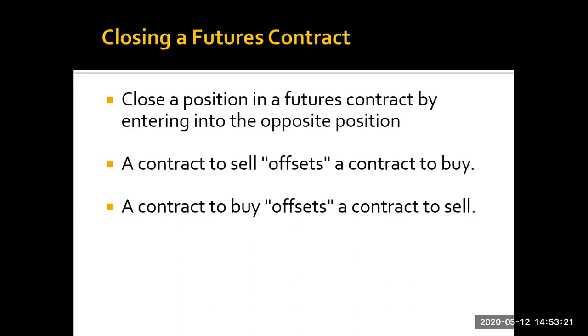Suppose maybe you don't want to take that oil and physically have the oil. Let's say that you have a contract to buy oil. You could just sell a contract to sell it, and that will offset the contract to buy. On the other hand, a contract to buy offsets a contract to sell.